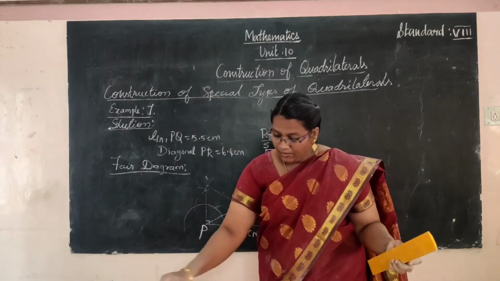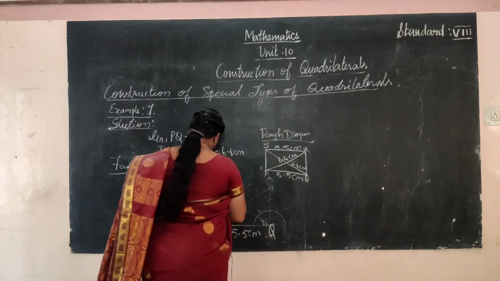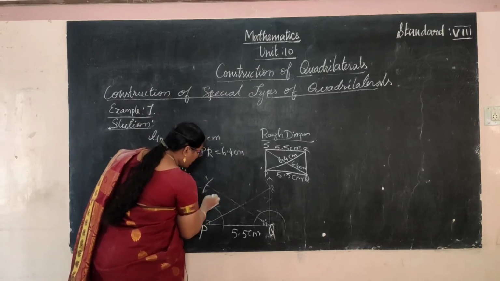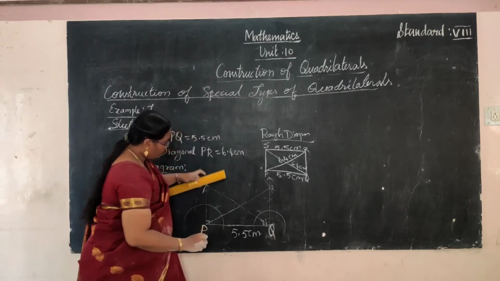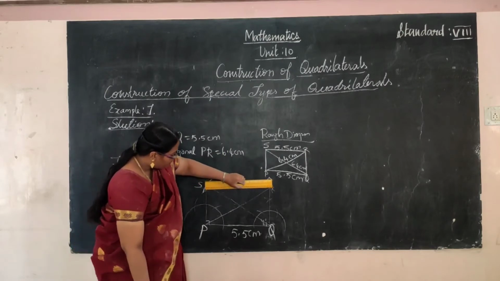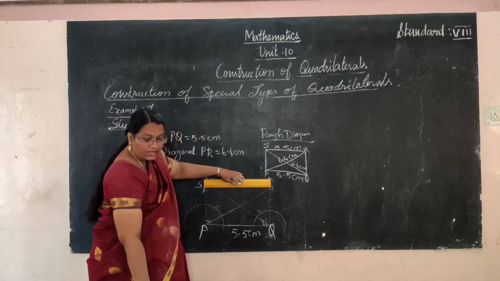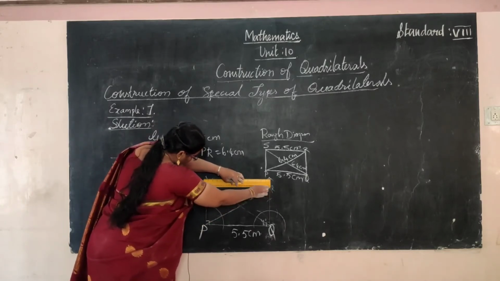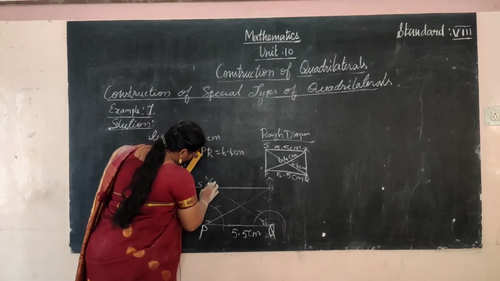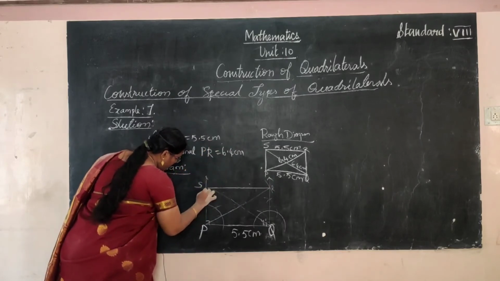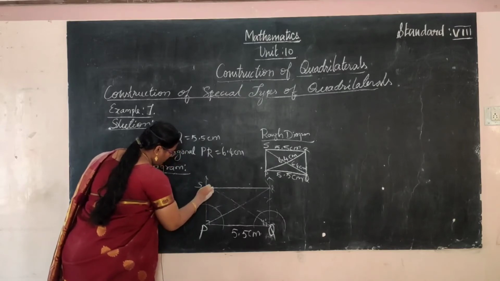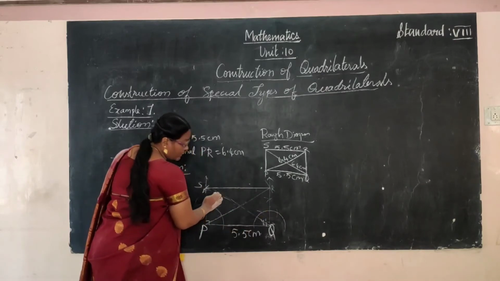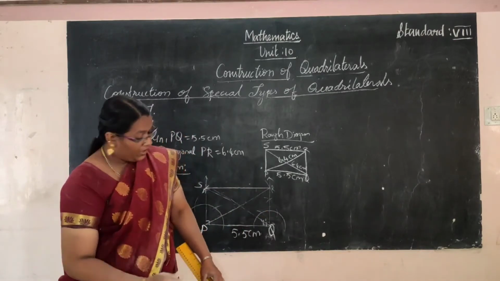Okay, now intersecting the arcs. Now join the line S R. You have to take exact values and draw properly.